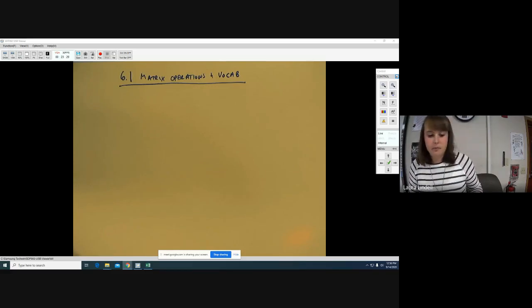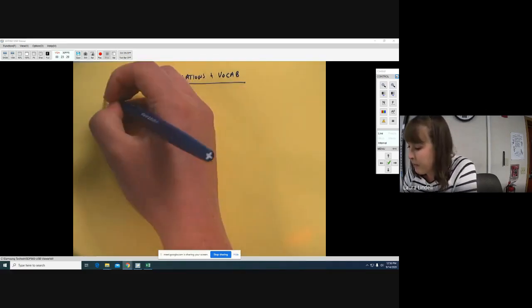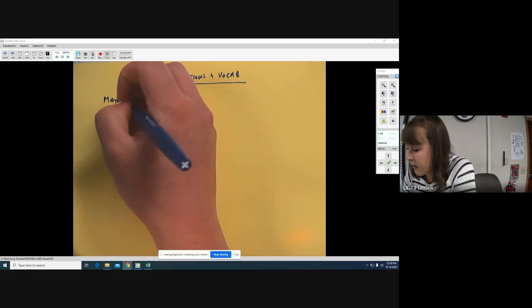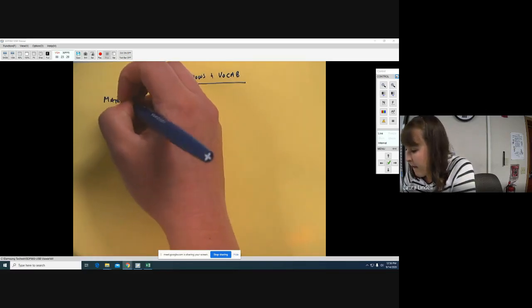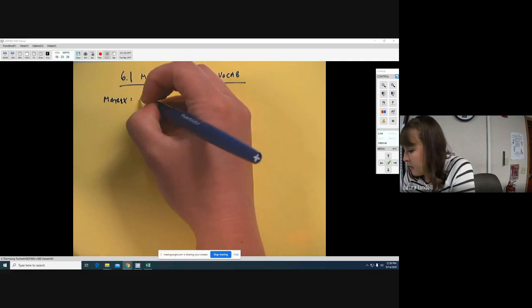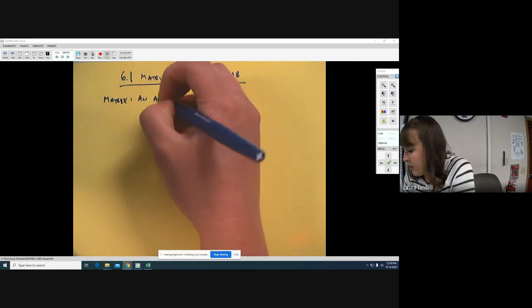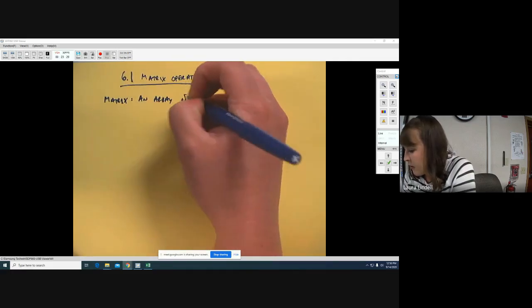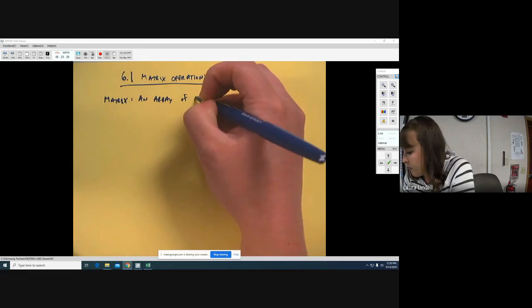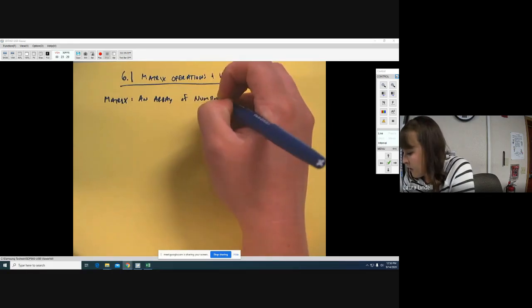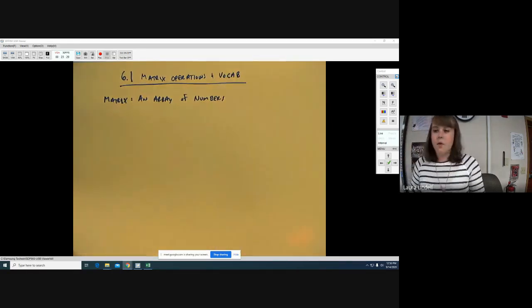Okay, so first of all, what is a matrix? It's an array of numbers, pretty much. And it's a pretty organized array.